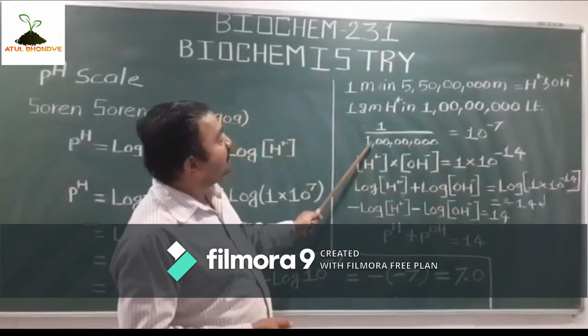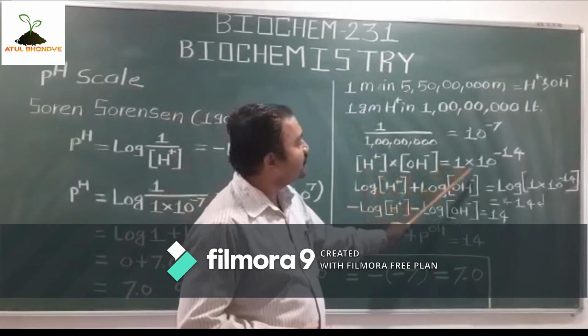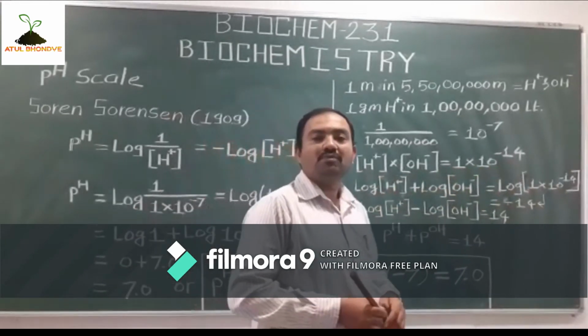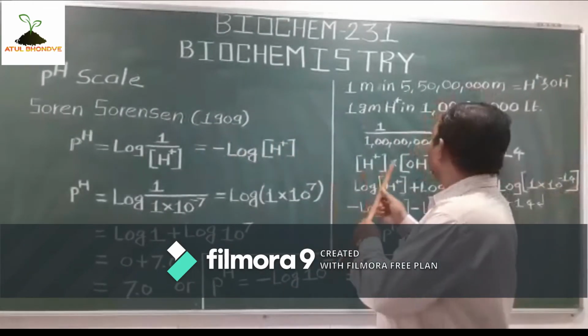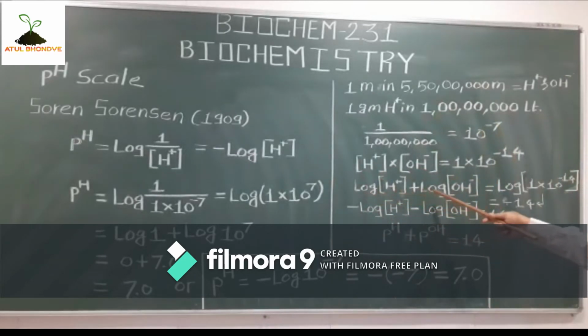If we calculate it, H into OH gives 1 into 10 raised to minus 14. How this 10 raised to minus 14 appears, we calculated in the previous class. So log H plus log OH, that is the hydrogen ion and hydroxide ion, gives log 1 into 10 raised to minus 14.